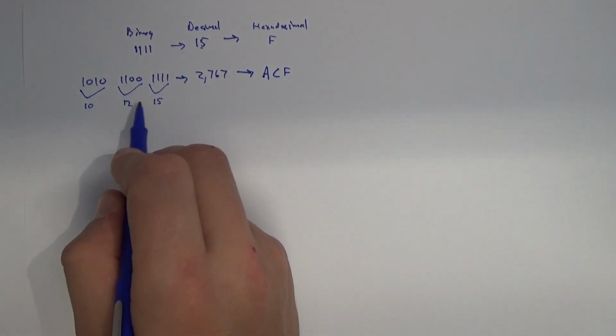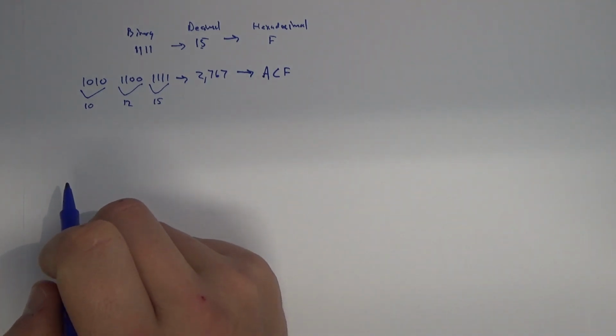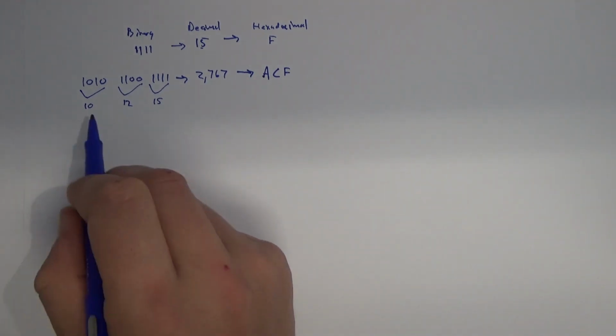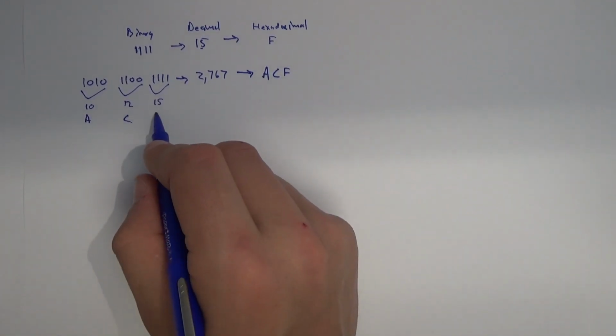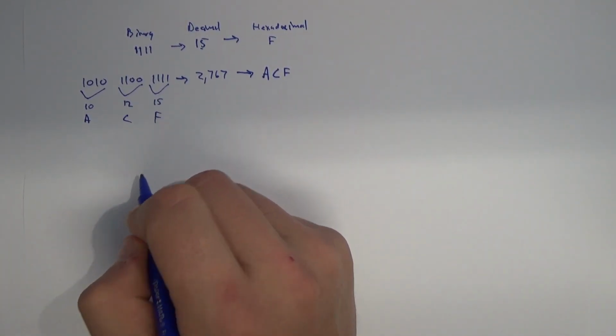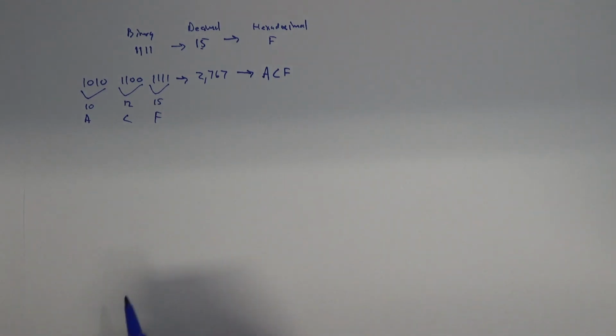If I convert each of these individually from decimal to hexadecimal, this is an A, this is a C, this is an F, and herein lies the trick with hexadecimal.